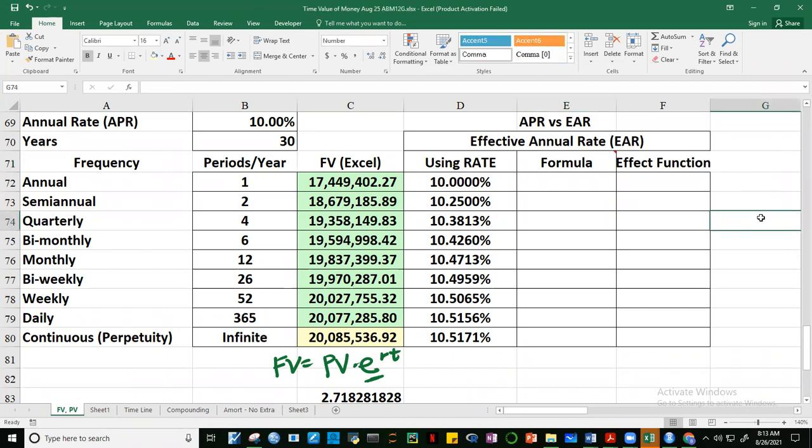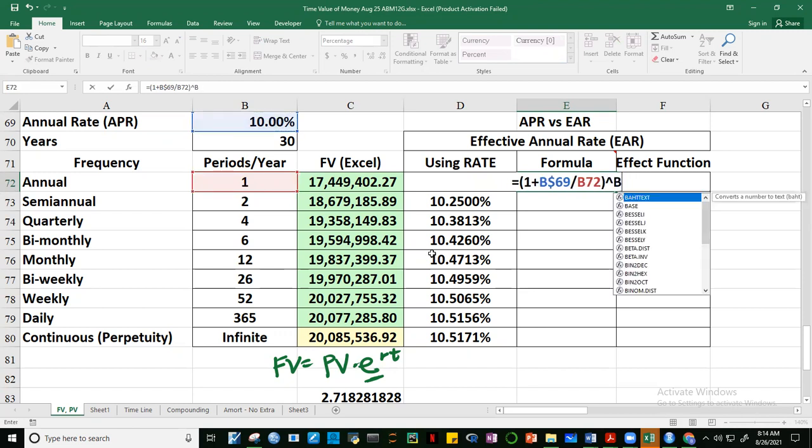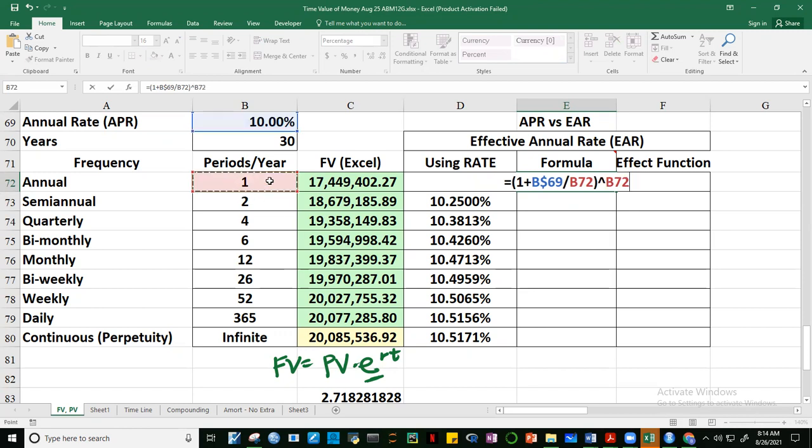So that's how we can compute for the effective annual rate, no? Okay, so let's do this, guys. I-formula natin siya. So 1 plus, our nominal rate is 30%. So we have to fix this kasi we'll copy the formula down, divided by the number of periods per year ng compounding. So that's it, 1, 2, 4, etc. Raised to the PPY, no?